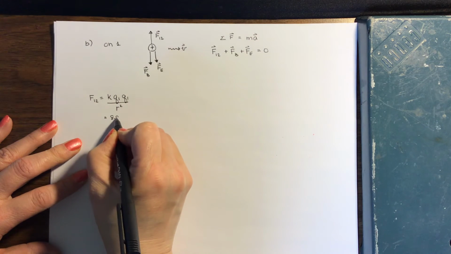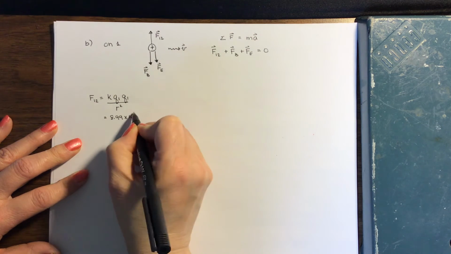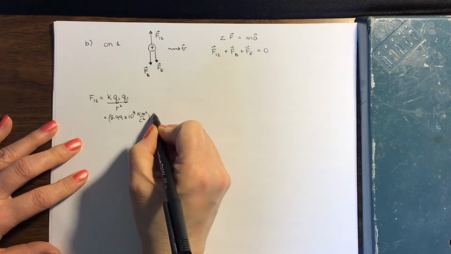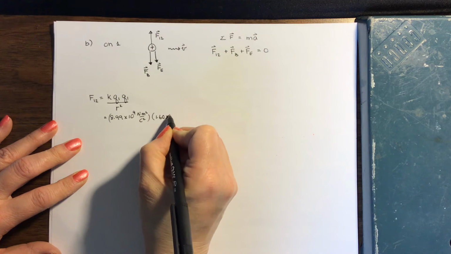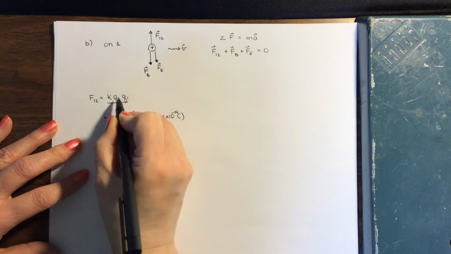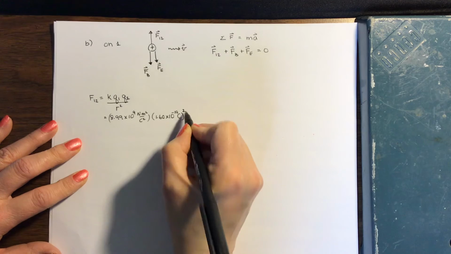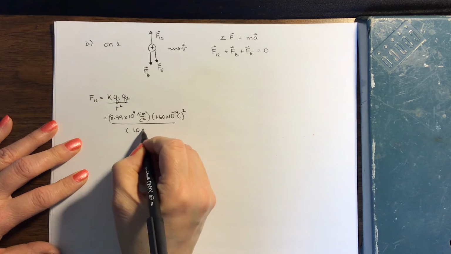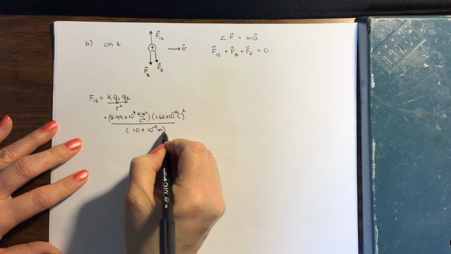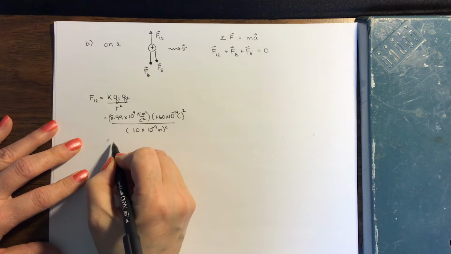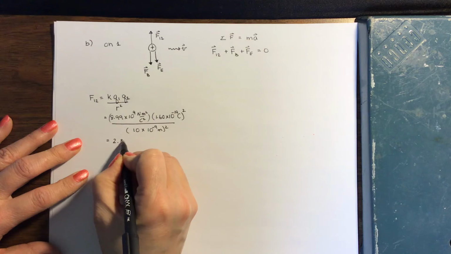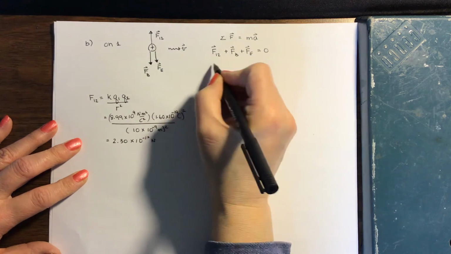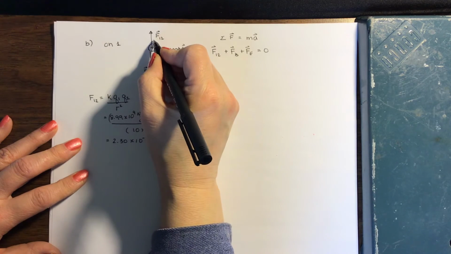K is 8.99 times 10 to the 9 newton meters squared per coulomb squared, times Q1, 1.6 times 10 to the minus 19 coulombs, times Q2, so that's squared, divided by R squared, which was 10 nanometers. Put that through the calculator, I get 2.30 times 10 to the minus 12 newtons. Okay, and that electric force points straight up.